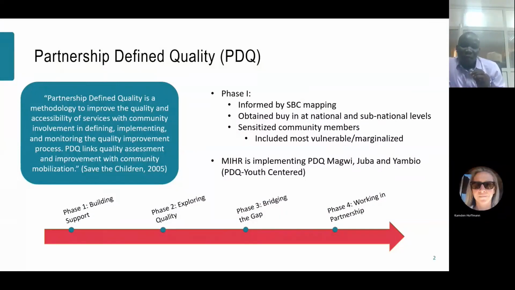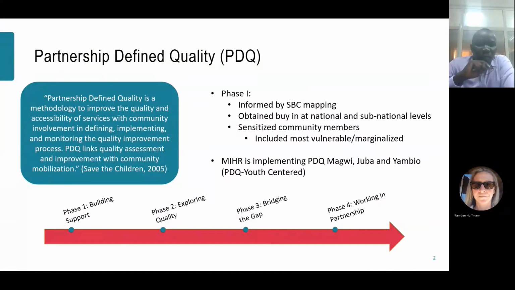The strategy we are implementing is the community action cycle that integrates the partnership defined quality. This process was selected based on the context of the fragility of the country.